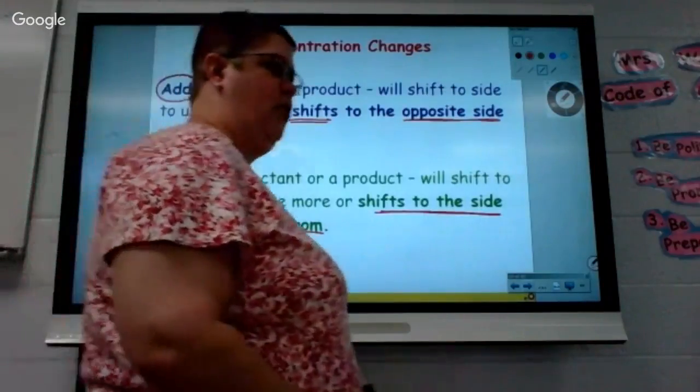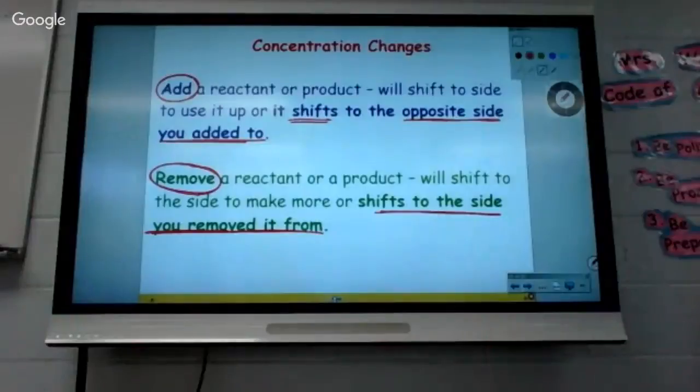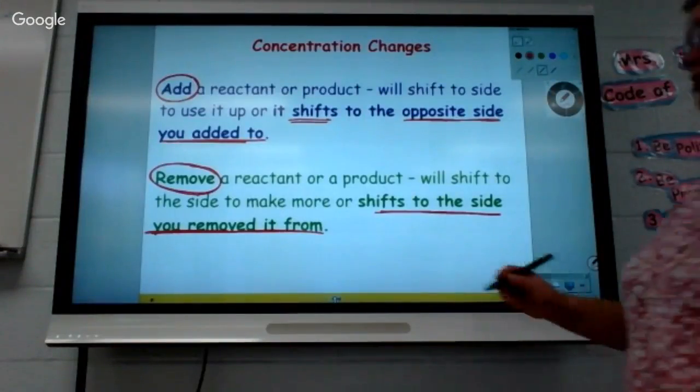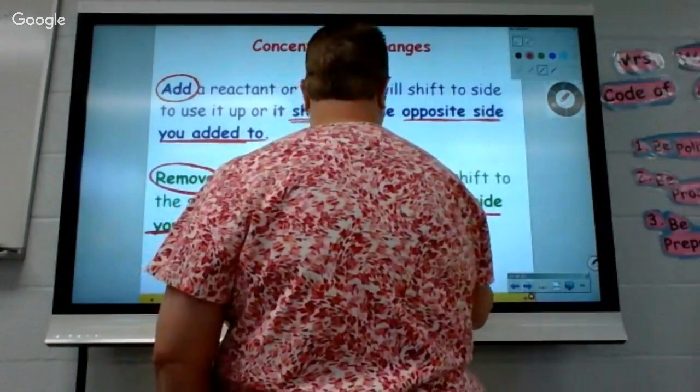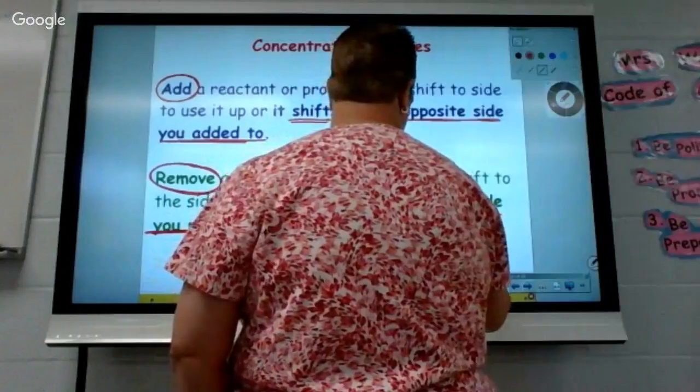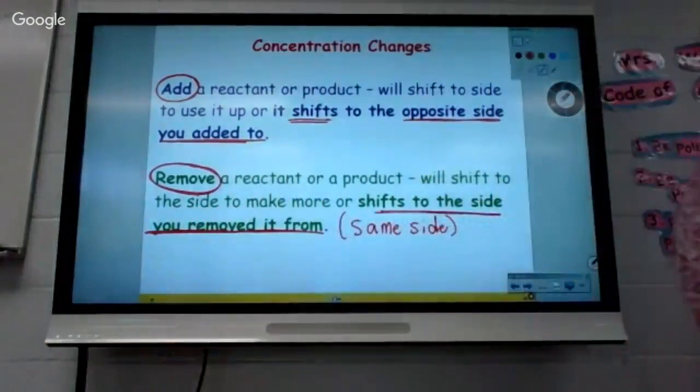So if you remove a product, you have to go to the side you removed it from, which is essentially the same side, if you like shorter words. So if you remove something, you have to stay on the same side.